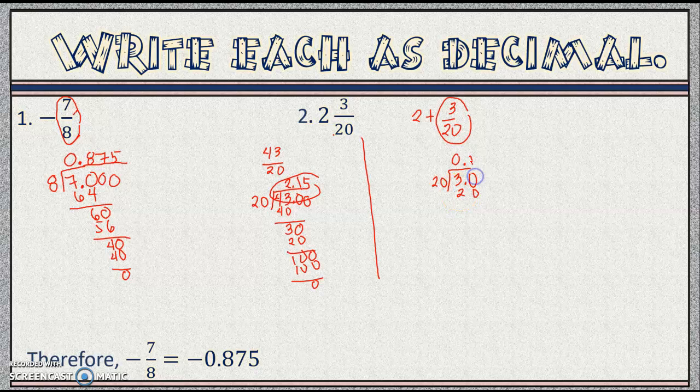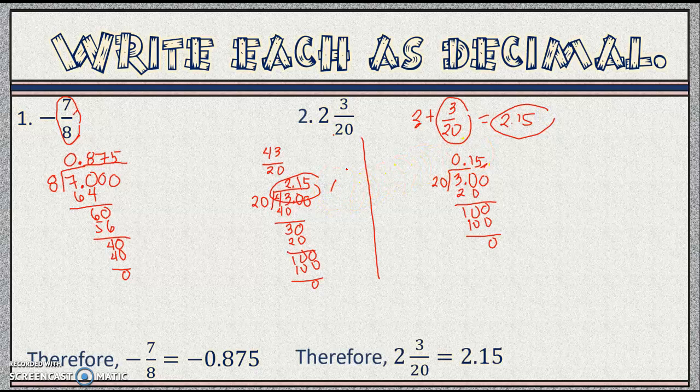Multiply, 1 times 20, 20, then subtract. 30 minus 20, so 10. Add another 0. 100 divided by 20, 5. 5 times 20, 100. Then subtract, remainder 0. So we will now add 2 plus 0.15 is 2.15. So the same answer. Therefore, 2 and 3 over 20 is 2.15.